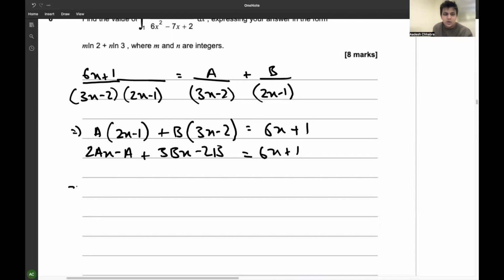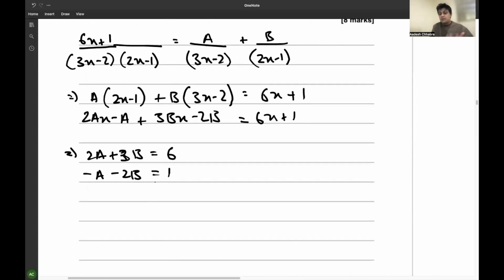This gives me two equations. Firstly, for the coefficients of x, 2a plus 3b would be equal to 6. And finally, a minus 2b would be equal to 1. Go ahead and pop this simultaneous equation into your calculator. You will find that a is equal to 15 and b is equal to minus 8.